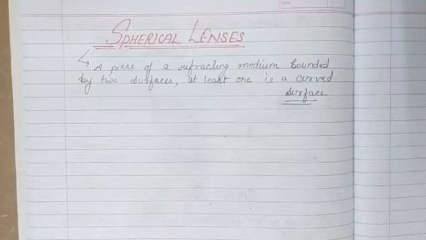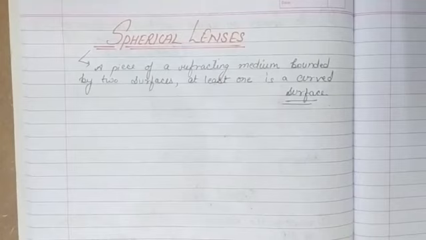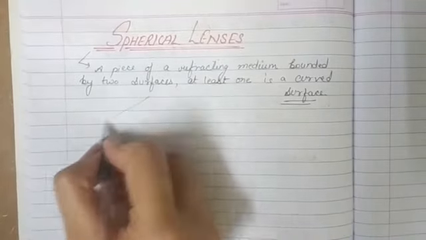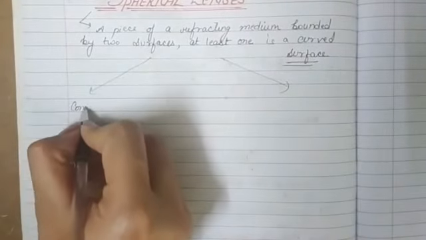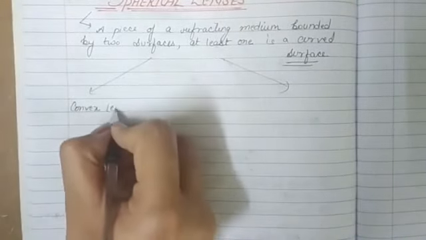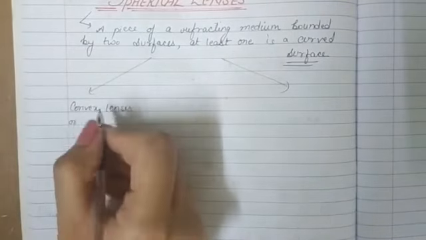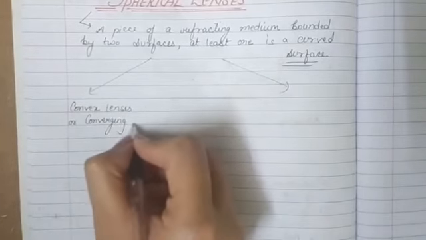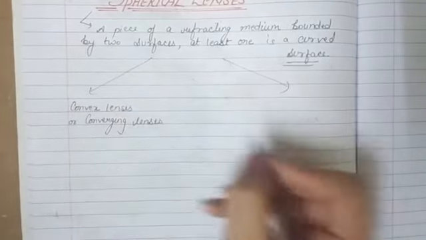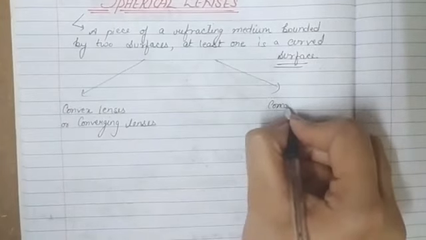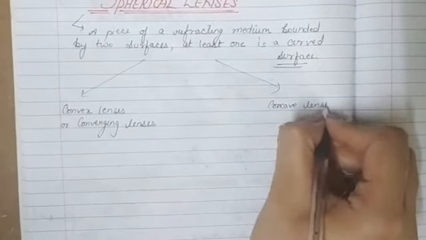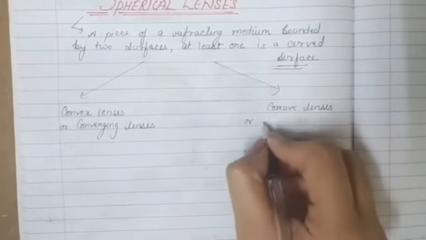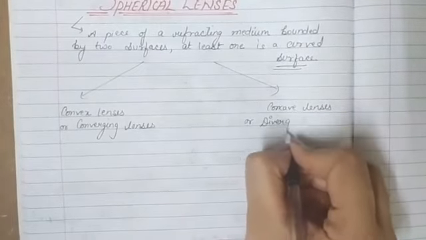This is how we can define spherical lenses. Now these spherical lenses are divided into two broad categories. One is convex and the other one is concave. The two categories are convex lenses, or we also know them as converging lenses, and the other one is concave lenses, or we also know them as diverging lenses.